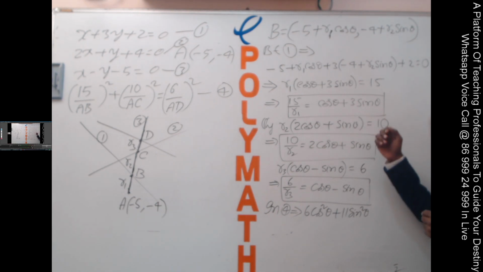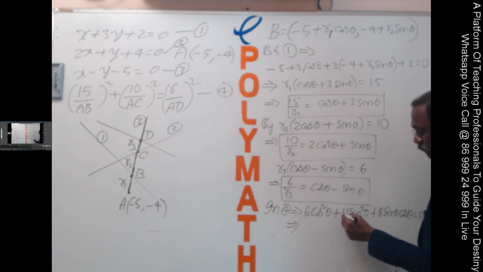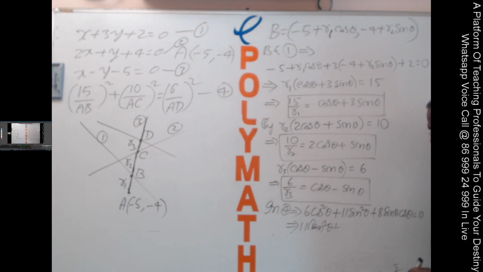Now this is 6 sin theta cos theta, this is 4 sin theta cos theta, 10, minus 2 sin theta cos theta, 8, is equal to 0. Now, divide throughout with cos square theta: 11 tan square theta plus 8 tan theta plus 6 is equal to 0.